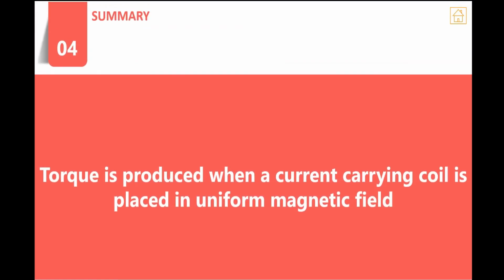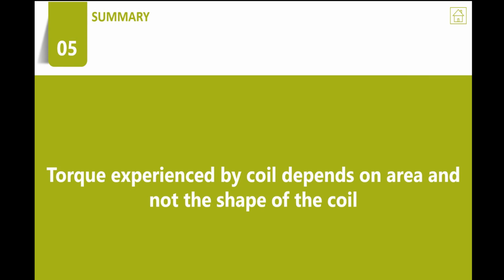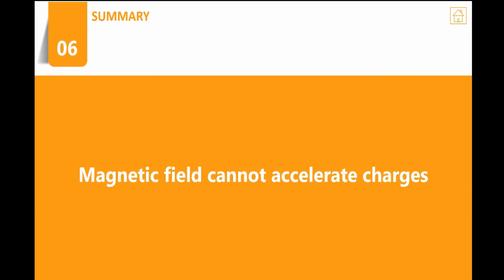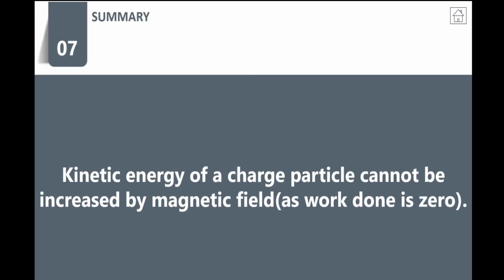Torque is produced when a current carrying coil is placed in a uniform magnetic field. Torque experienced by the coil depends on area and not the shape of the coil. Magnetic field cannot accelerate charges. Kinetic energy of a charged particle cannot be increased by a magnetic field as work done is zero.